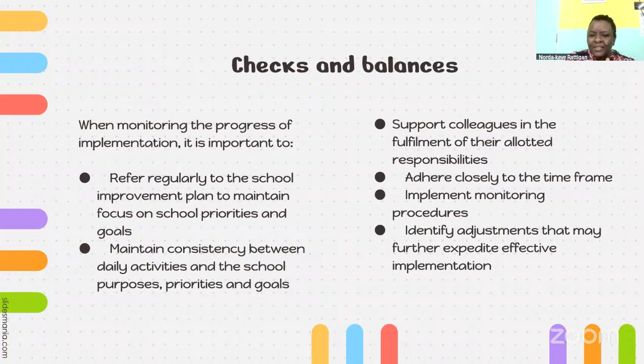Now, your checks and balances. When monitoring the progress of your implementation plan, it is important that you refer regularly to the improvement plan to maintain focus on your school's priorities and goals.